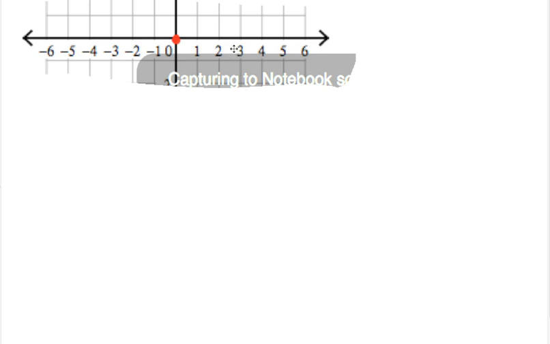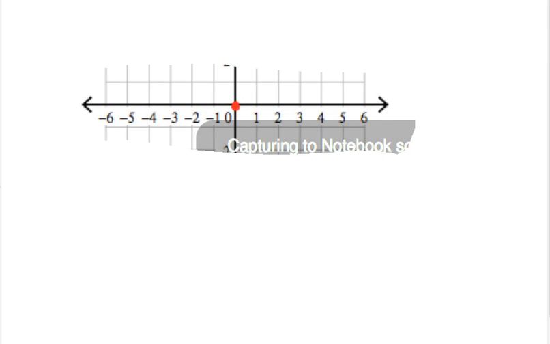All right, if I'm at 0, I have 0 minus 2. So if I'm at 0, there's me, little blue Eckert. If I'm at 0 and I subtract 2, does that mean I'm going in the positive direction or in the negative direction? It means I'm going in the negative direction. So I go 1, 2, and I end up right here. So 0 minus 2 equals negative 2.